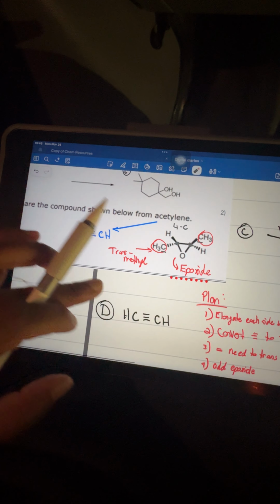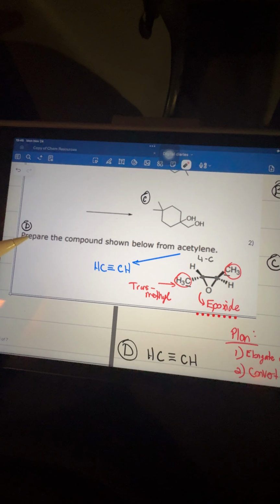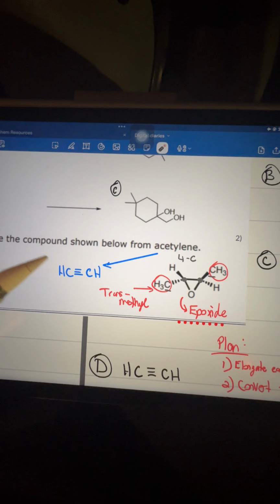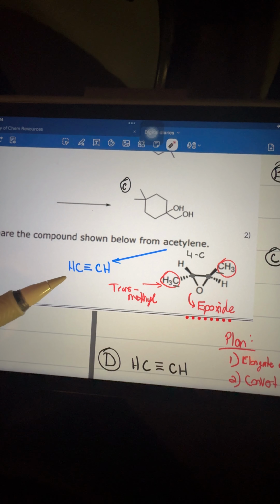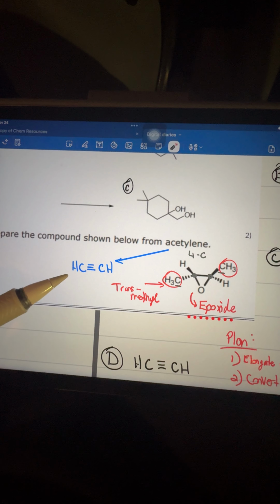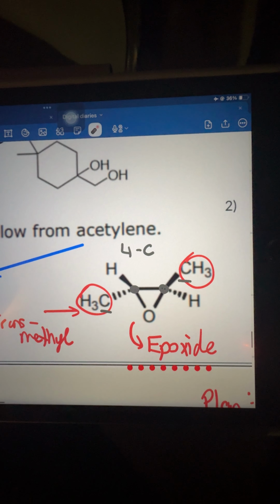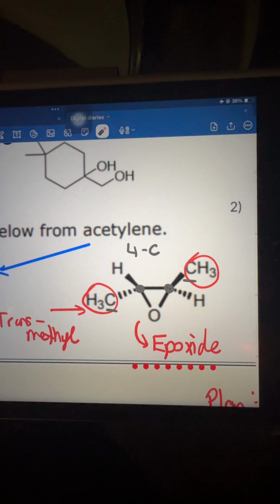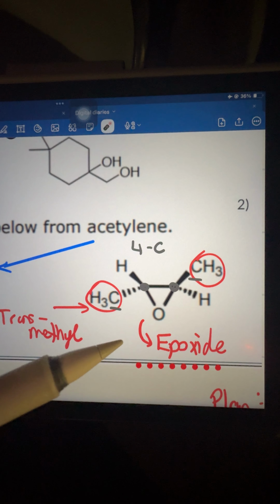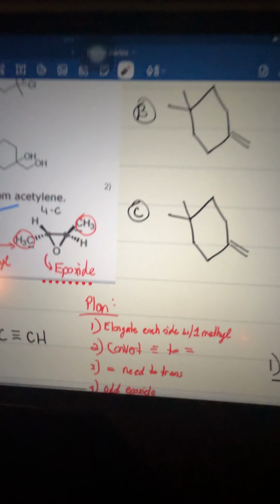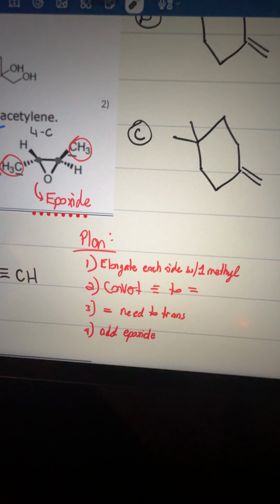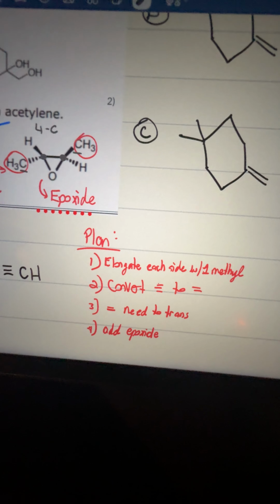The second part is to prepare the compound shown below from acetylene. Acetylene is a carbon-carbon triple bond, and the product is a 4-carbon chain with an epoxide. So the plan is to elongate each side with 1 methyl.